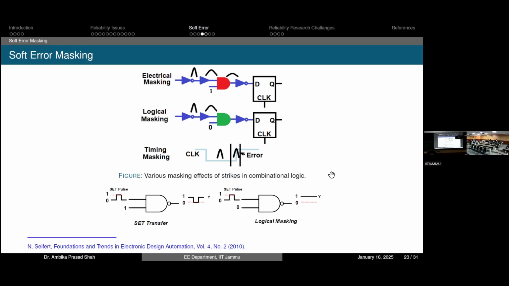So this is what we can call logical masking. Electrical masking is really very difficult. Generally, it is possible with analog circuits. Let us assume you have generated some impulse and it passes through. What I am expecting in electrical masking is that you have n number of stages, and at each stage the amplitude is attenuated.